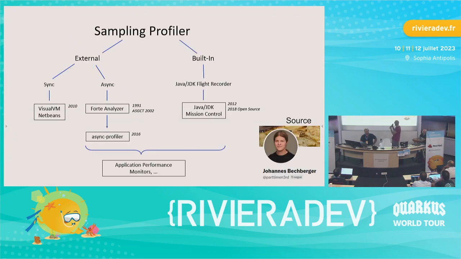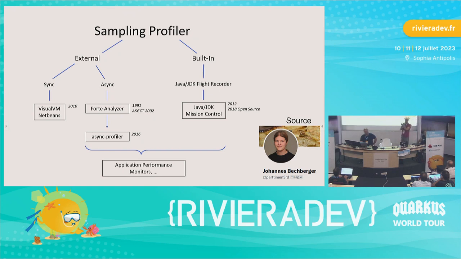Let's move on. So that's the taxonomy I promised about profilers. There are many types, so I won't list the single specific profilers. But it's very important to understand this. This is coming from a slide of a presentation by Johannes Bechberger, I'm not able to pronounce it, but you can read it.